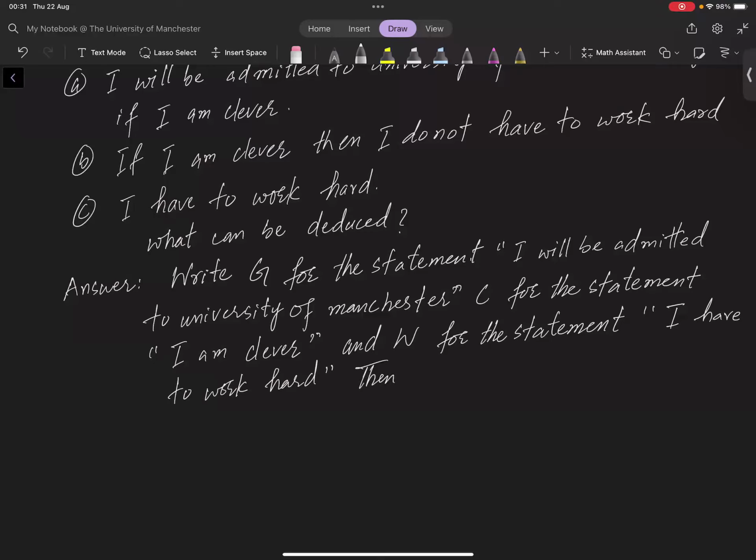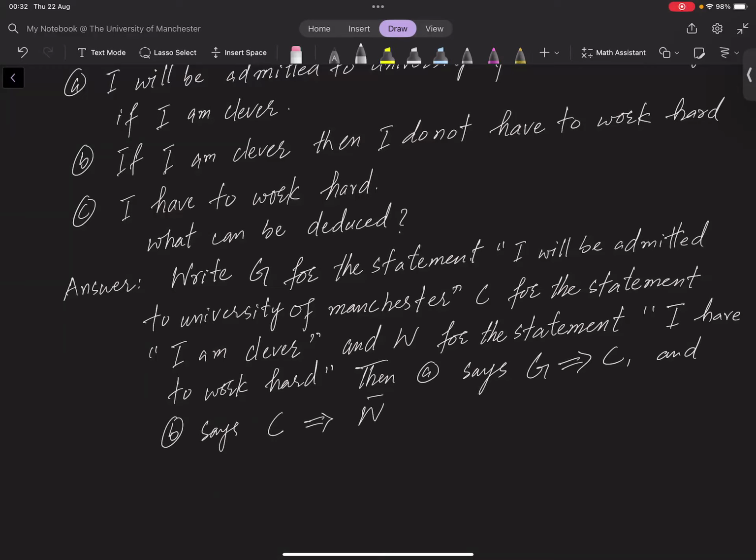Then part A says G implies C, and B says C implies W bar, because in B it says if I'm clever, then I do not have to work hard.